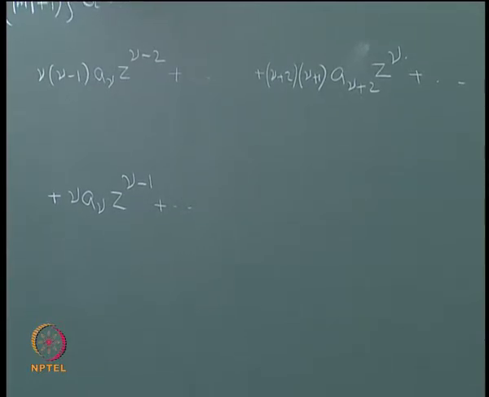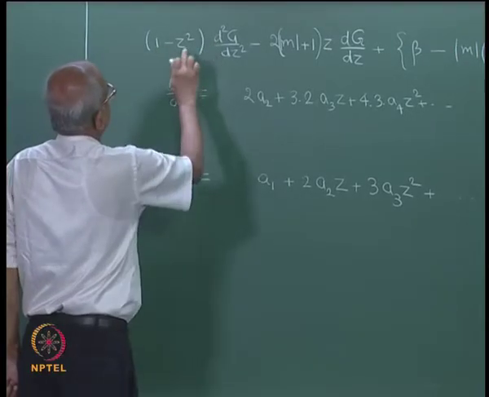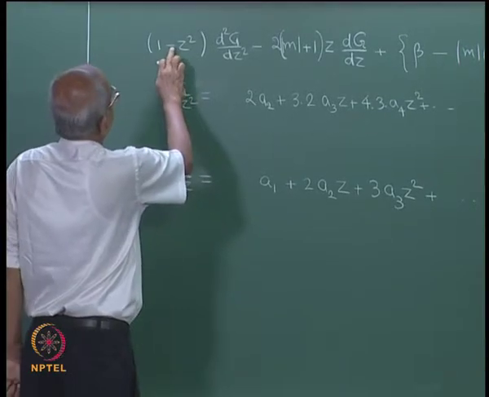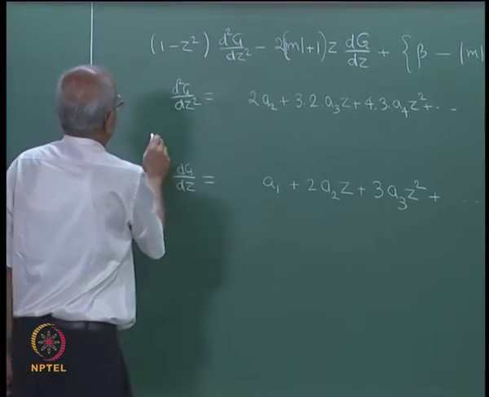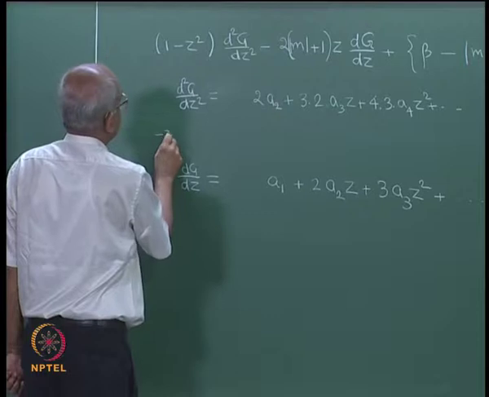So, now if you look at this expression, you say you need the second derivative, but you also need minus z square into the second derivative. So, let me just write that here.